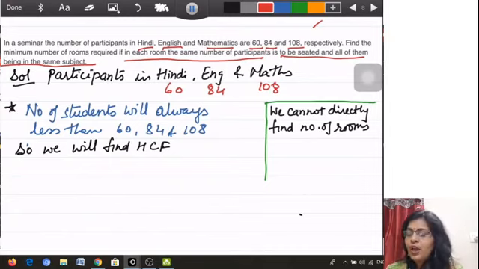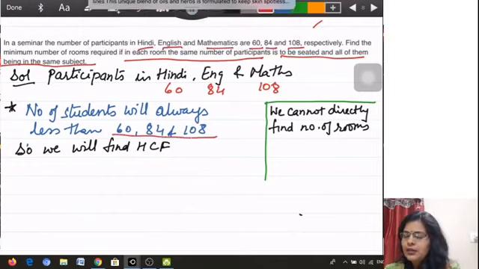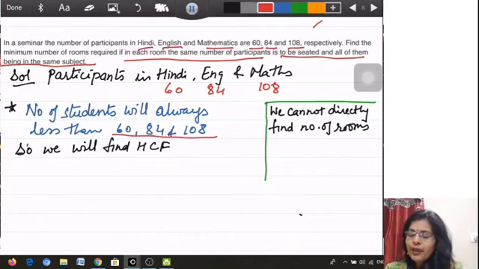Here the participants are in Hindi, English and mathematics, to be seated all of them in the same subject. So the number of students in a room will always be less than this much. That much is certain: a room will have fewer students than these numbers.